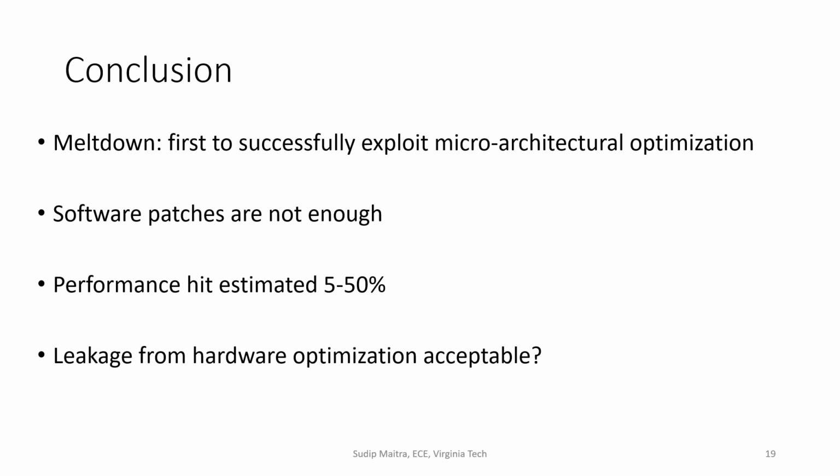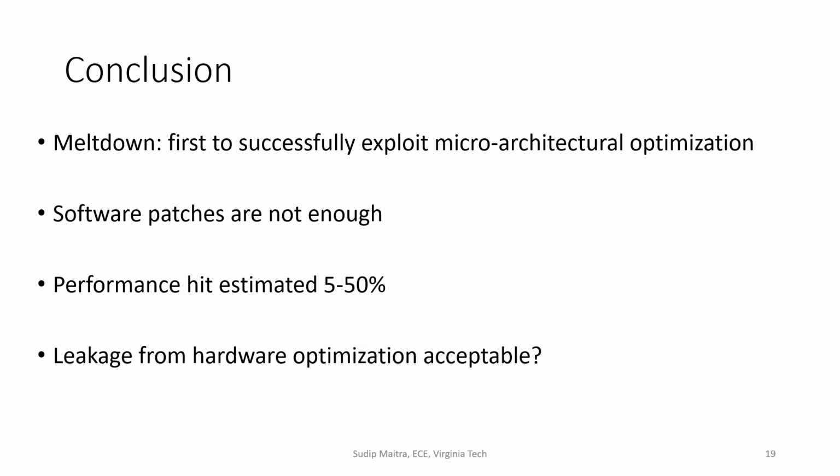Hardware optimization is known to leak information, but usually it's accepted because either the effects are trivial or the attack is much more involved. Meltdown is much simpler and has a widespread effect. So it changes everything.